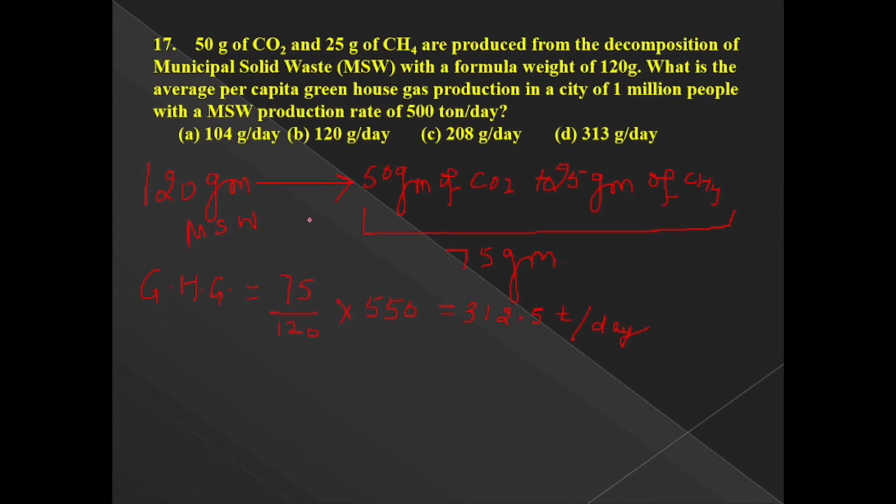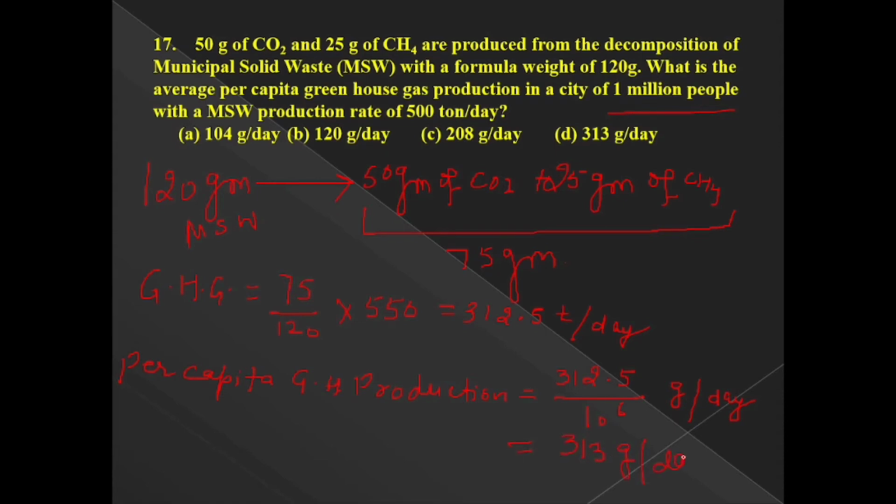So per capita greenhouse production will be 315.2 ton per day, the total greenhouse gas divided by 1 million people, 10 to the power 6, in gram per day, by all the population. Total population is given as 1 million people. So my students, our final value will be 313.